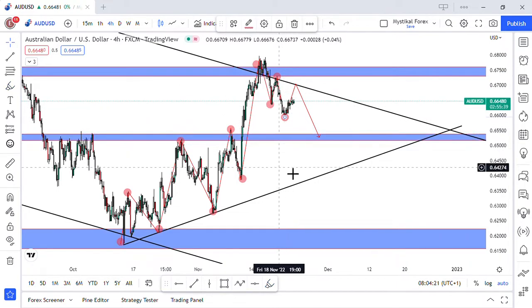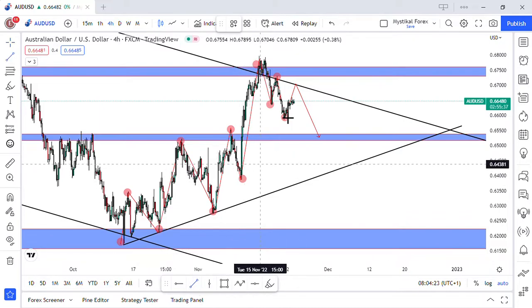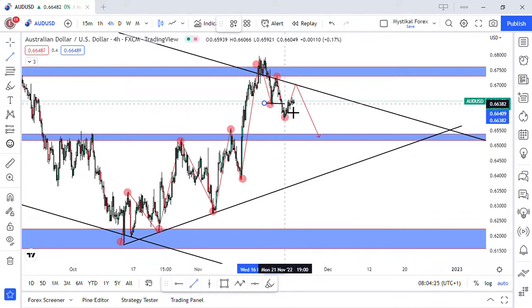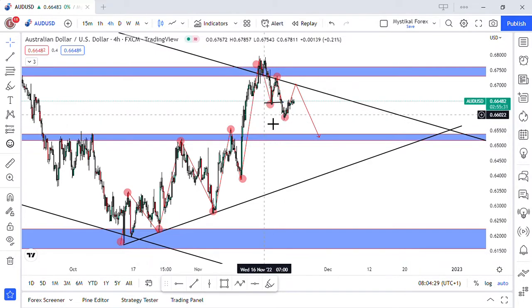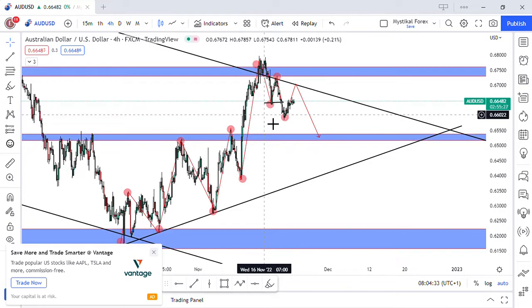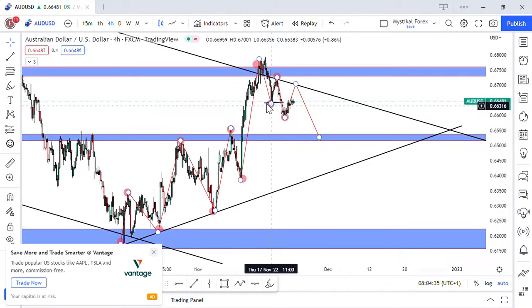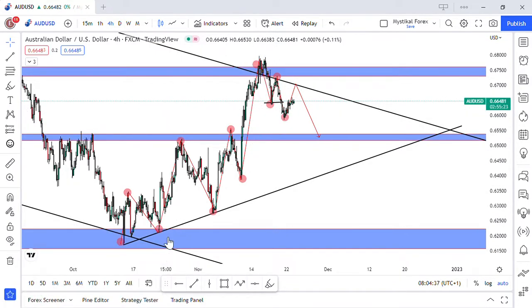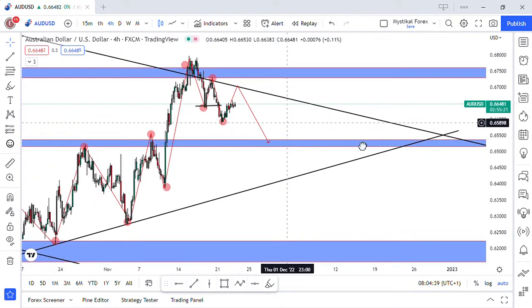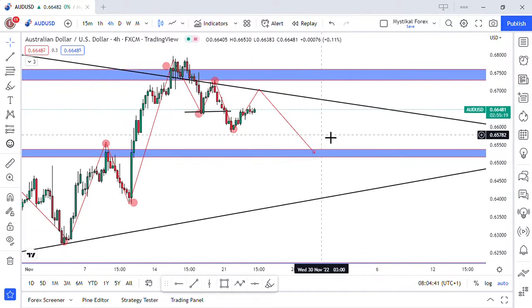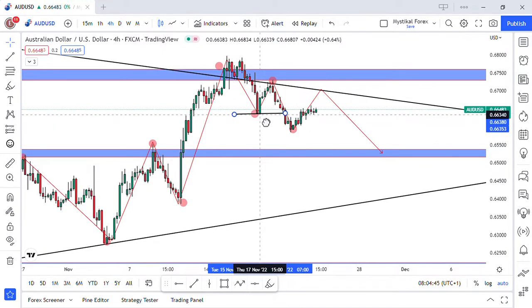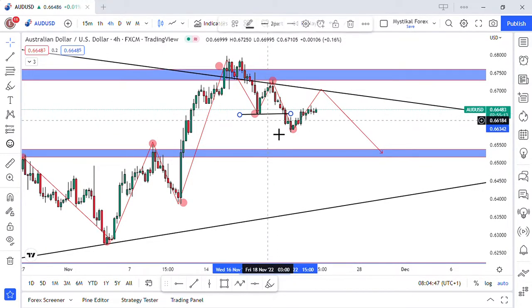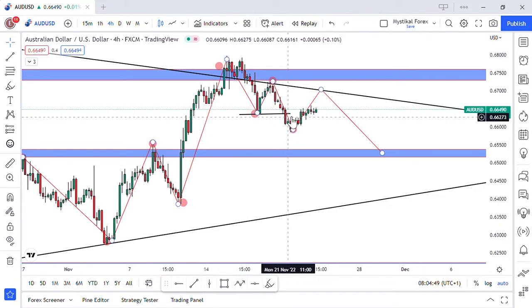The reason being is because this level right here is the higher low that just got broken out, and that's a change in market structure. It's a major market shift. I can zoom in a bit so that you can see this right here. This is a higher low, and the market just broke out of that higher low.